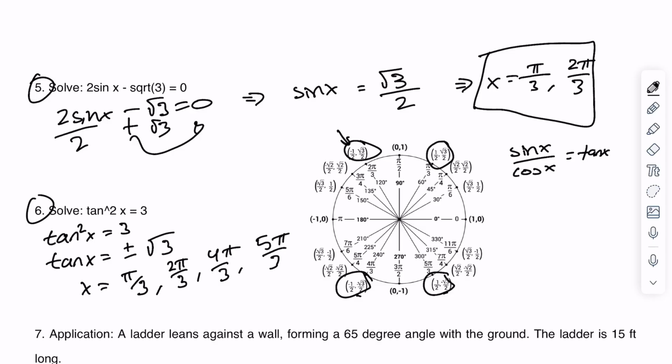Any others? No. Okay, so there's our answer.